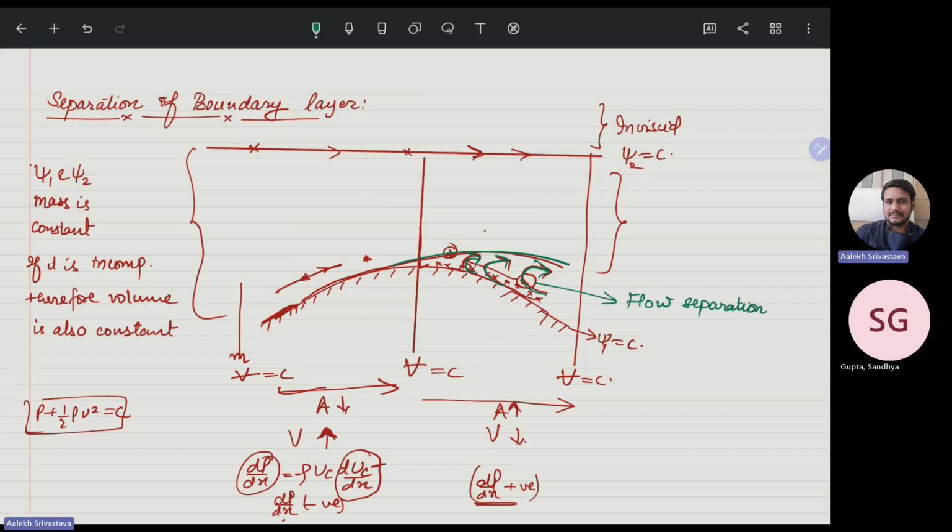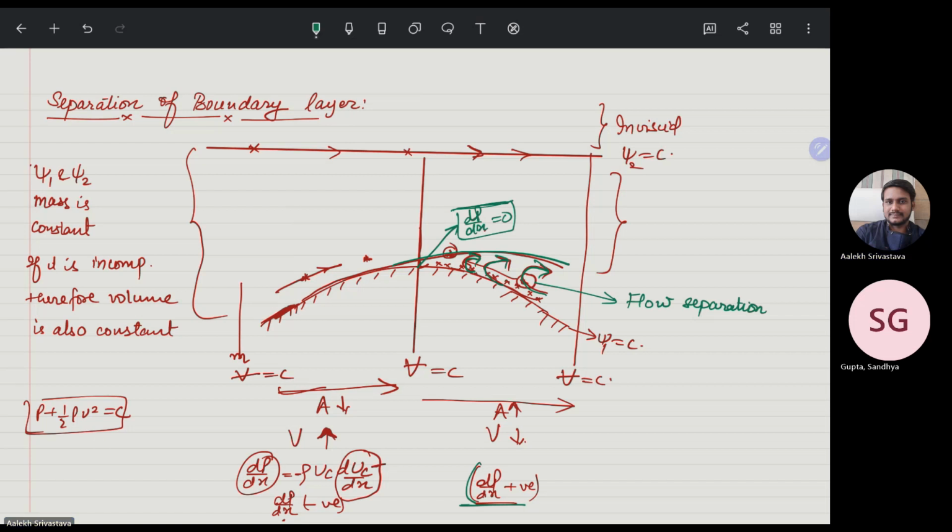And flow separation initiates when this dp by dx is equal to 0. It initiates when this is equal to 0, and after reaching this, the flow separation will take place, and you will get what is called pressure drag because of the difference in pressure between upstream and downstream.